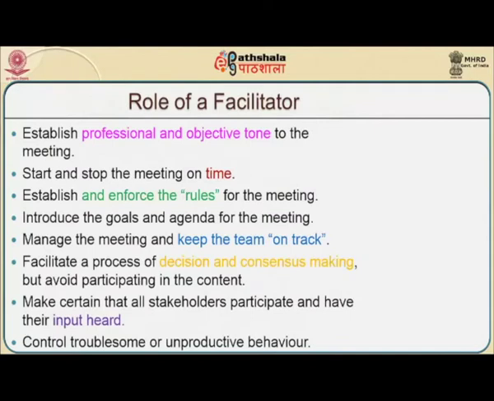Being the facilitator who helps for the success of this discussion, he should establish a professional and objective tone for the meeting.